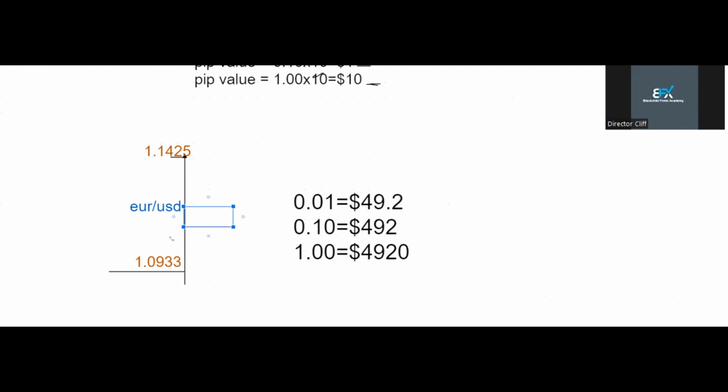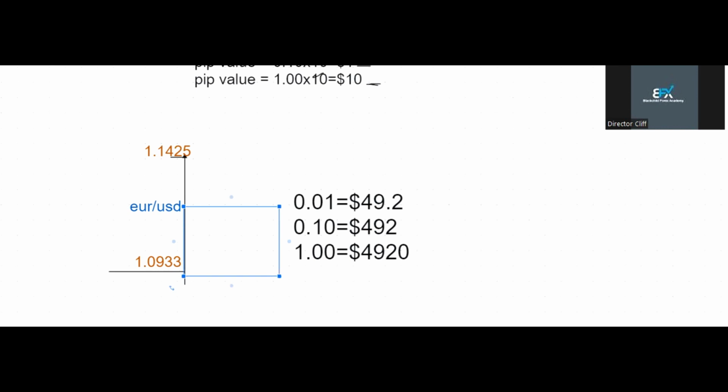Let's say we're going to put 1.425 minus 0.933. And the difference is going to be 0.492. All right, so this is our difference. And this is simply telling us how many pips are right there.